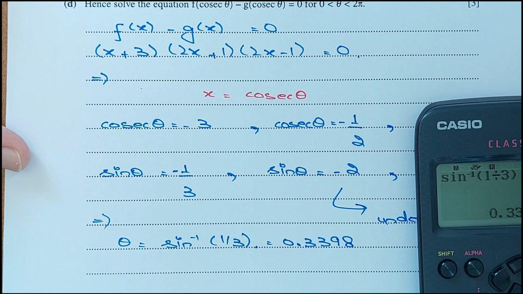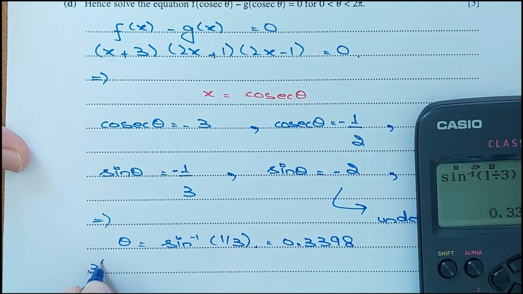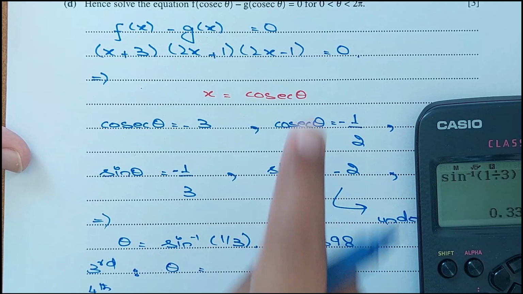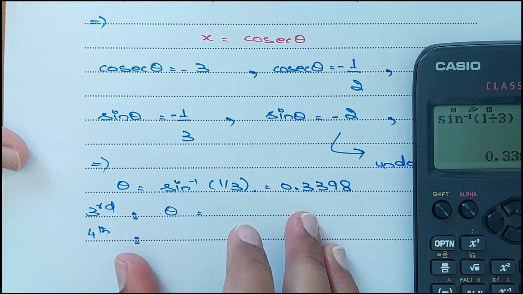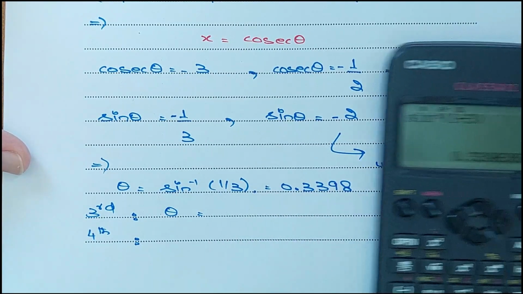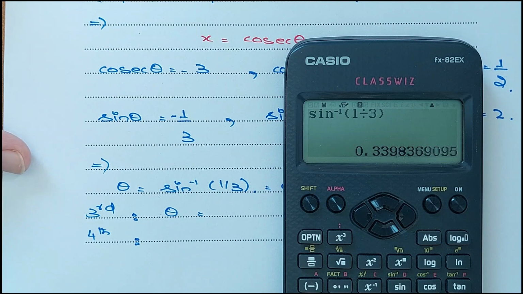Sine is negative in the third and fourth quadrants, right? For the third and fourth quadrants, we can solve the theta value because the domain is between 0 and 2 pi. For the third quadrant, we do pi plus theta. So pi plus 0.3398 is 3.48.